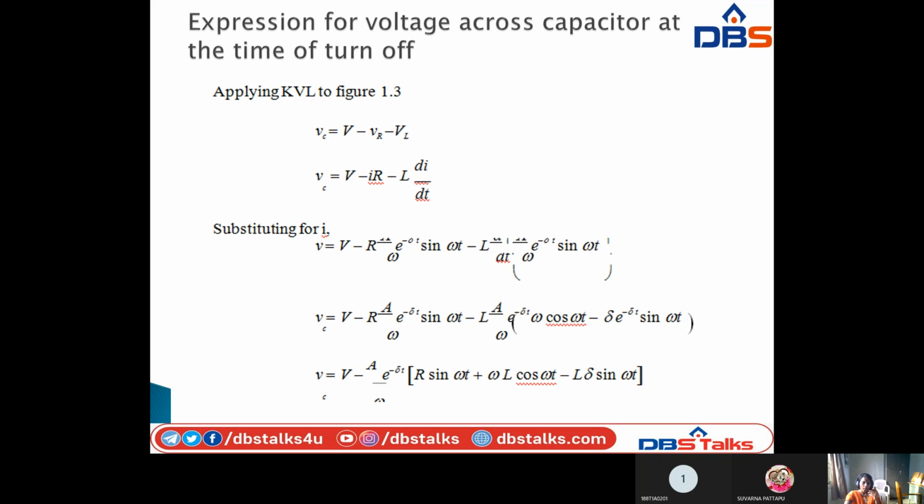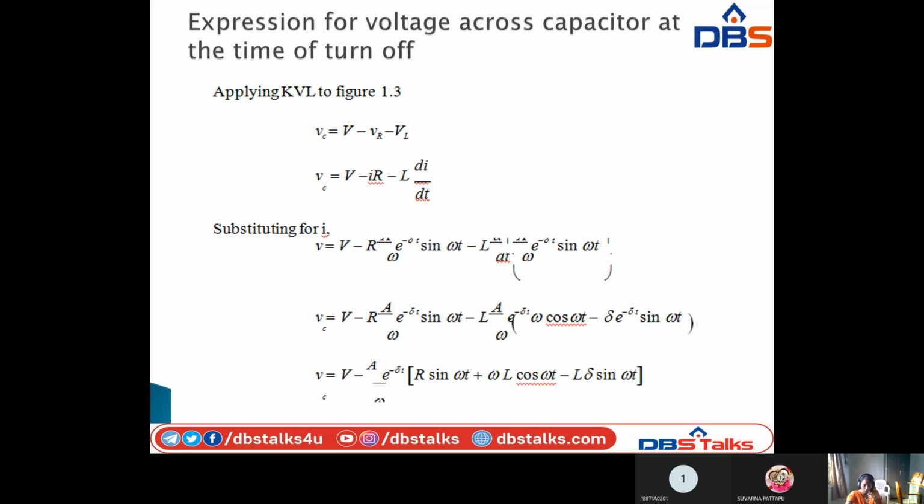Here we are applying differentiation. Whenever we differentiate this equation, we obtain this.